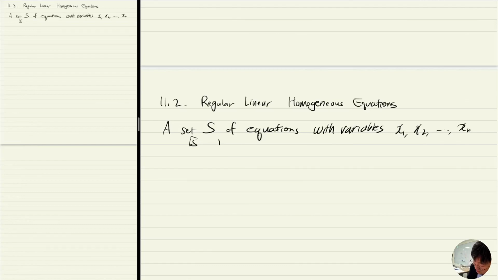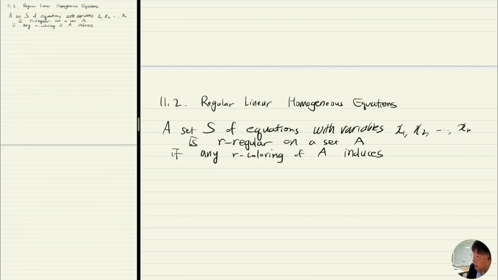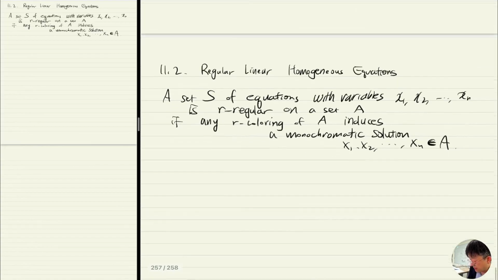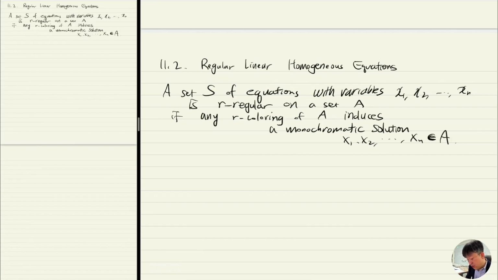Let's say R regular, okay, on a set A, if any R coloring of A induces a monochromatic solution x1, x2 up to xn in A. So no matter how I color set A, you have a monochromatic solution.